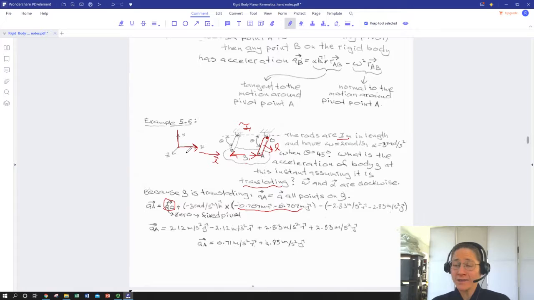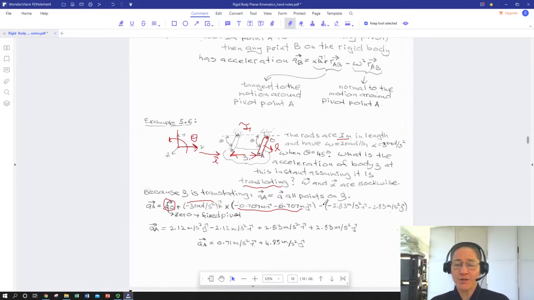So a positive angular velocity or acceleration, given the way we've defined our xy coordinate system for our fixed coordinate system, is increasing counterclockwise. So our alpha is actually negative 3 radians per second squared. So here's our alpha expressed in our chosen coordinate system convention.